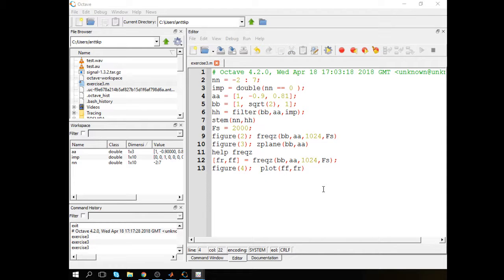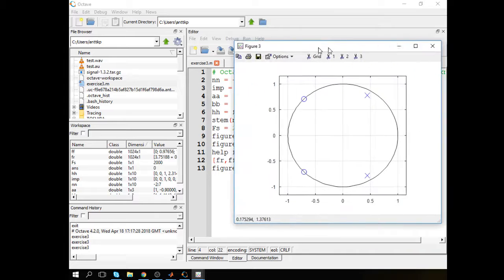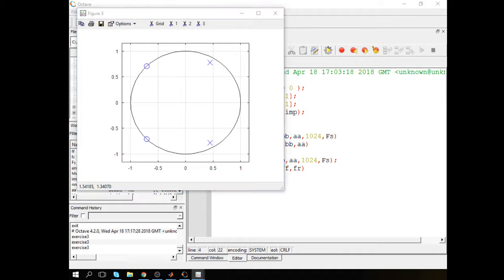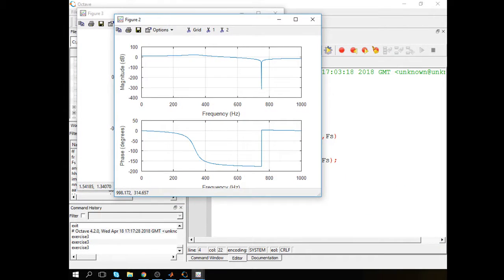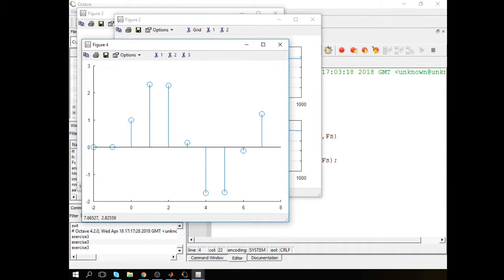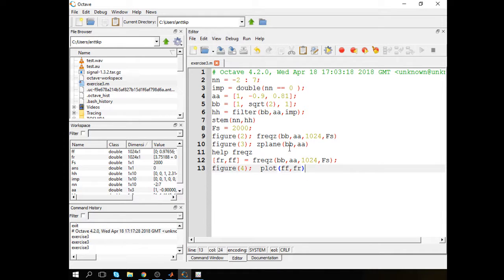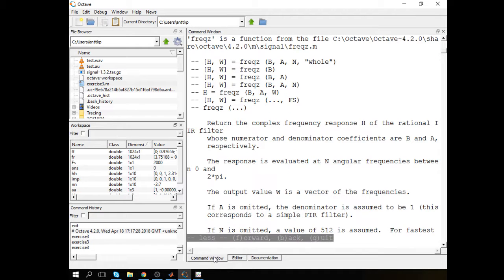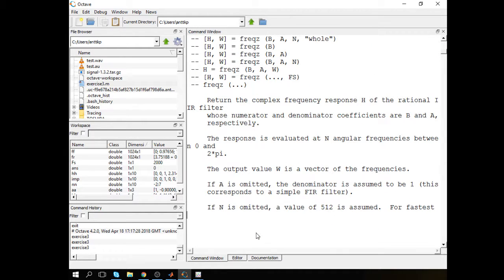Now I got some pictures here. At least 3 pictures. So that one, this one, figure 4. Why does it look like that? Something is strange here. Oh, I see.